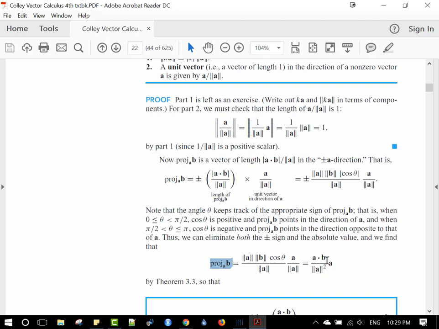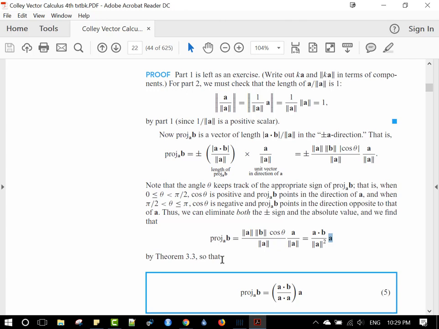Well, A dot B is a number, and a number over a number is not a vector. But this is a number times A, and A is a vector. A number times a vector is a vector. So from that point of view, this makes sense.